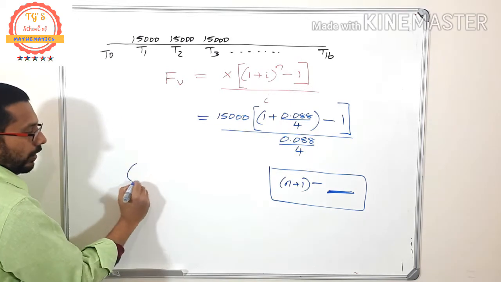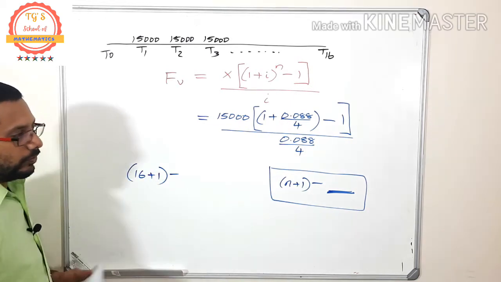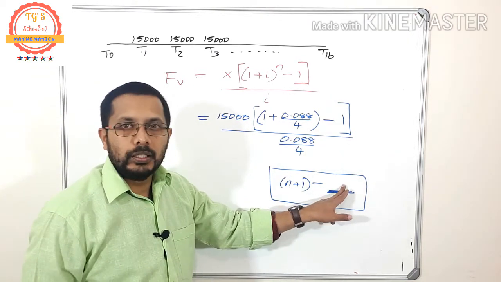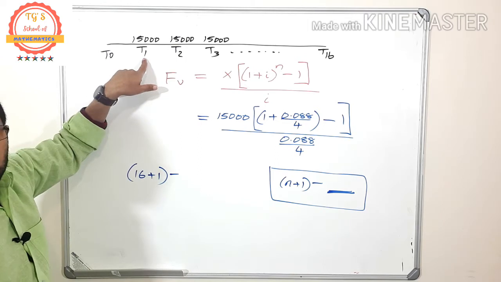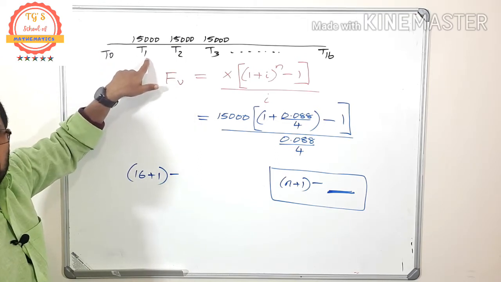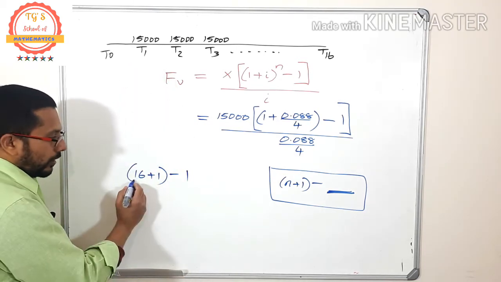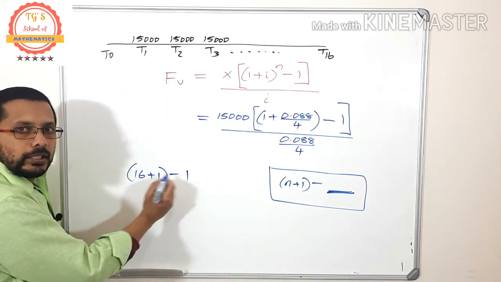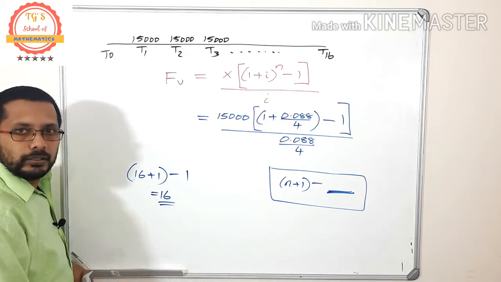Here in this question, look at this one. N plus 1, where N stands for this last number. That means 16 plus 1 minus what I am supposed to write here? When did the investment start, in which month? In which quarter? Here it is not a month, it's a quarter. First quarter. That means the number is 1. So what is 16 plus 1? 17. 17 minus 1, again it is 16. You understand?